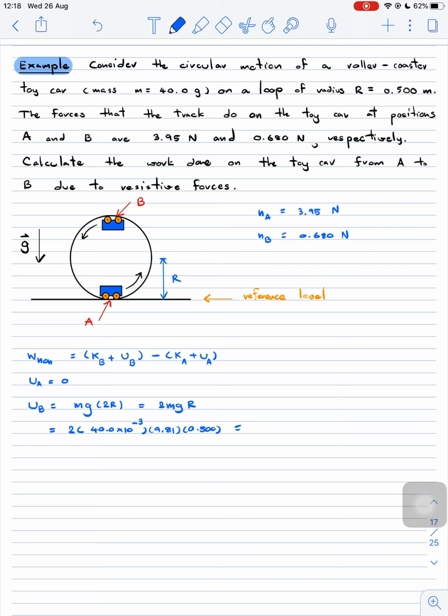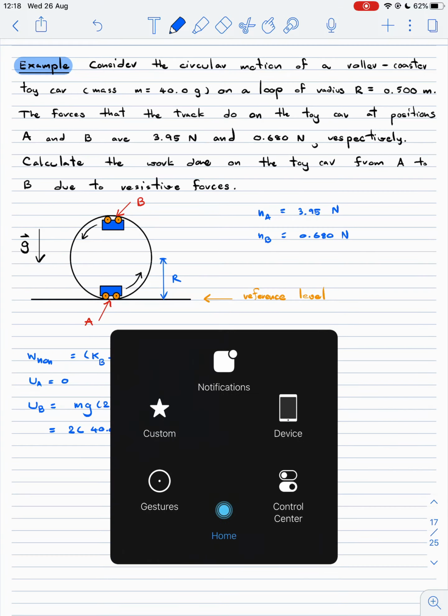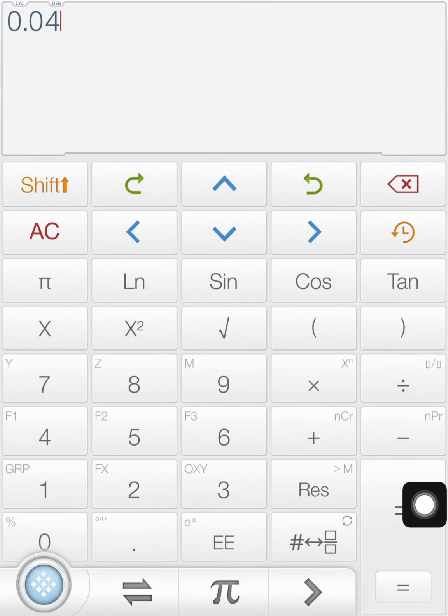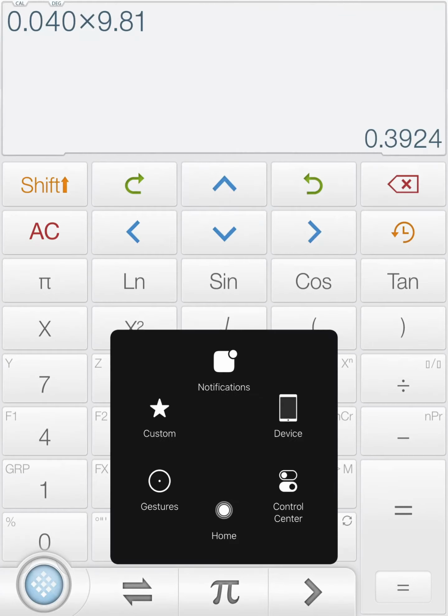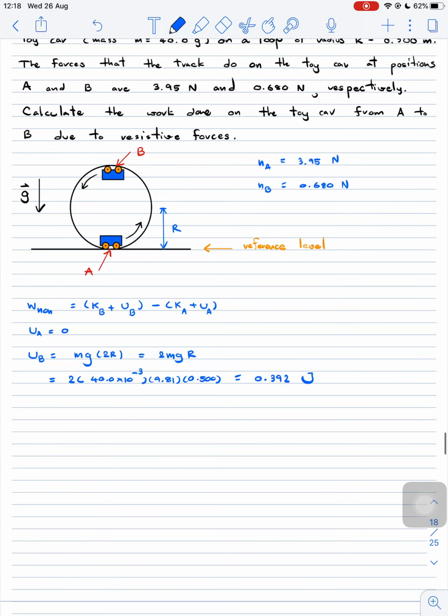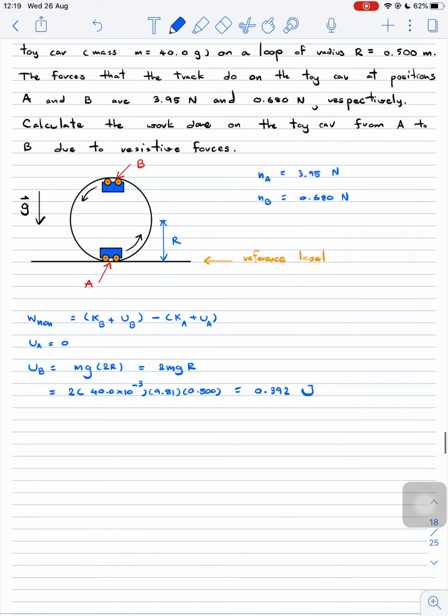Okay, so the answer is 0.392 joules. So this is the potential energy of the toy car, right, at the position B.